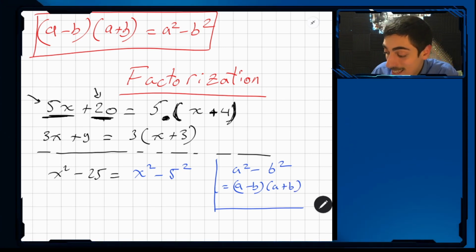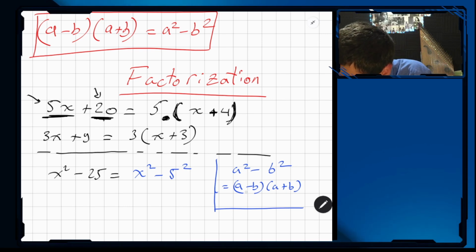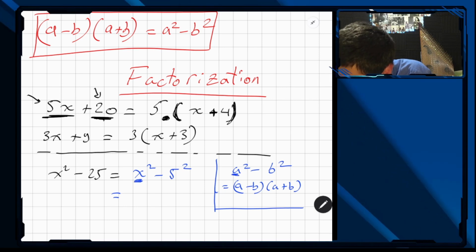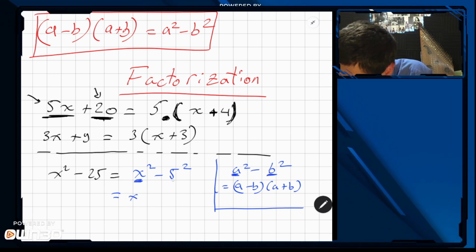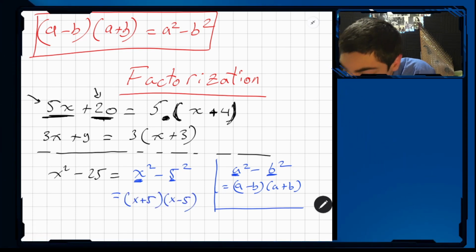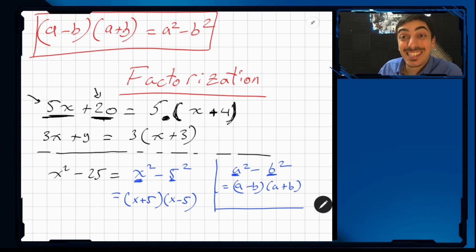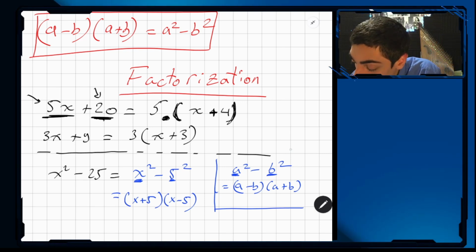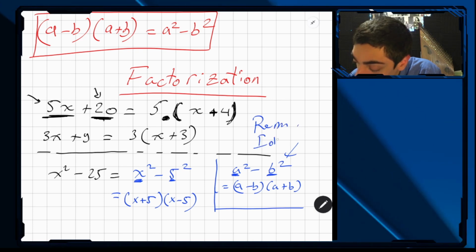And so here, if you look, you can see that the a is our x and the b is our 5. So this is nothing but x plus 5 into x minus 5. That is the factorization.